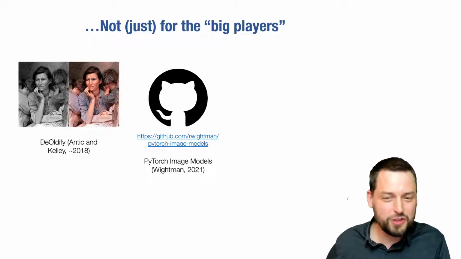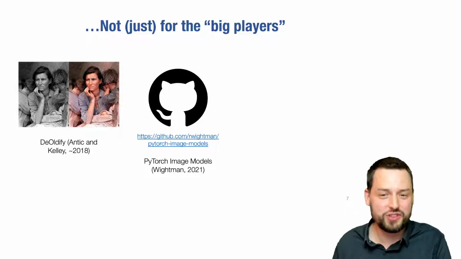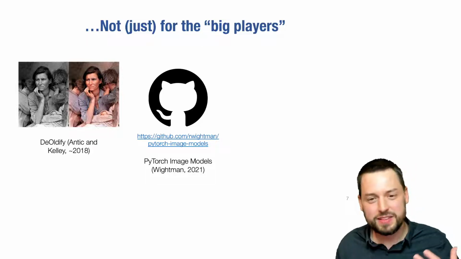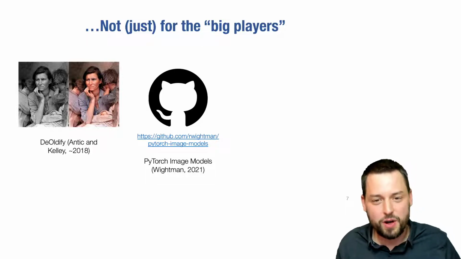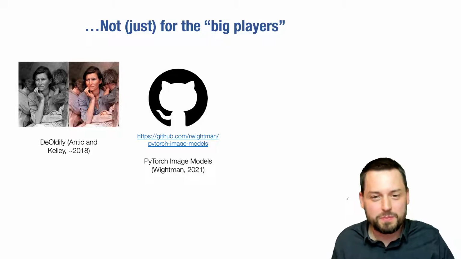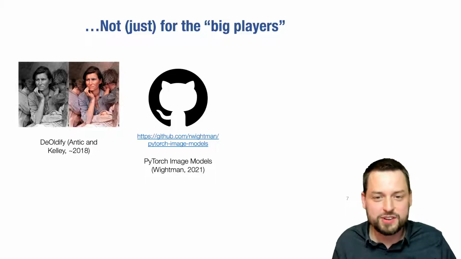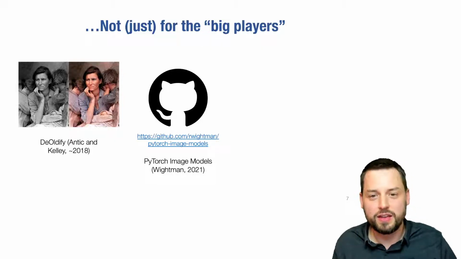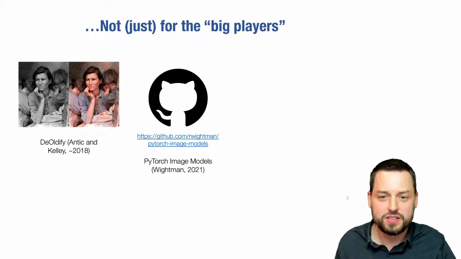In many cases, using pre-trained weights from those papers, or in many cases, training them from scratch. And this started as a relatively small effort by one person, and has become really the dominant image classification library that we all use academically when we are building these vision systems.